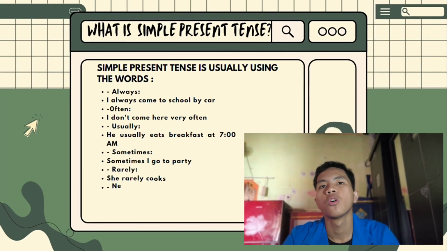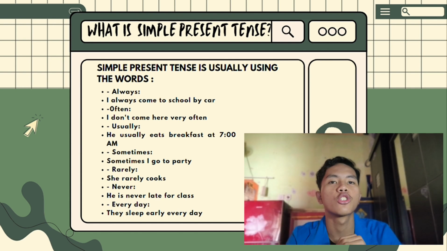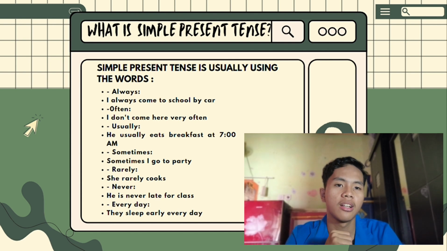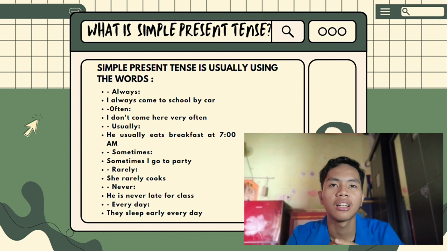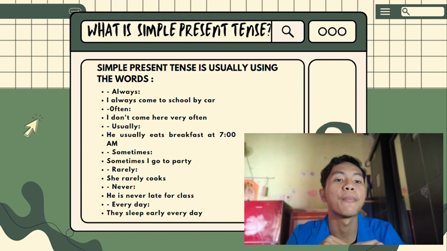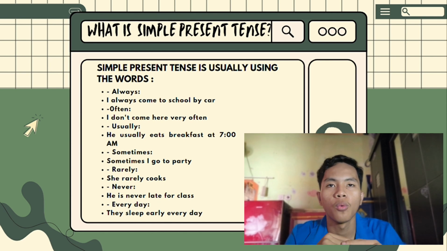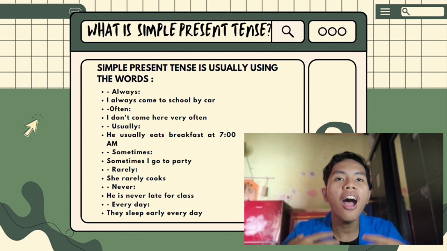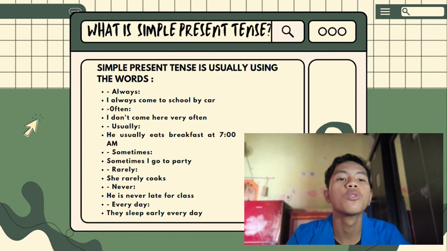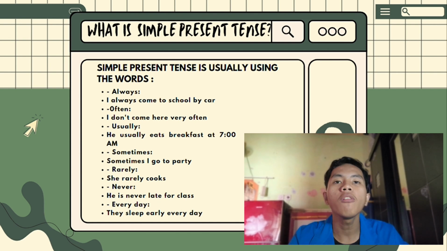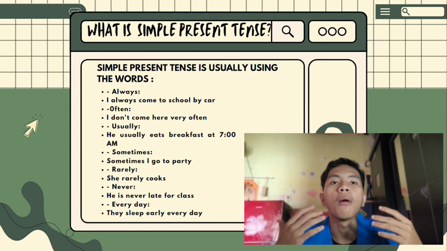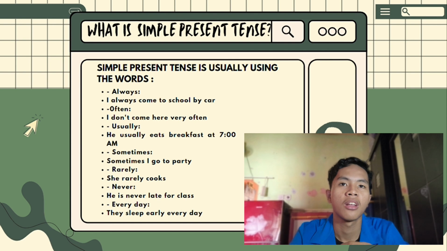Next, simple present tense usually uses certain words. There are several words used when we use simple present tense sentences. 1. Always. I always come to school by car. Often, I don't come here very often.